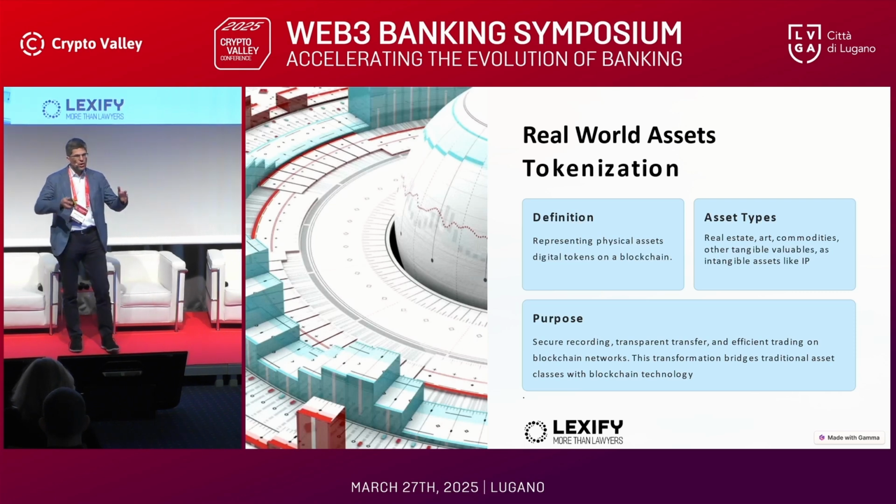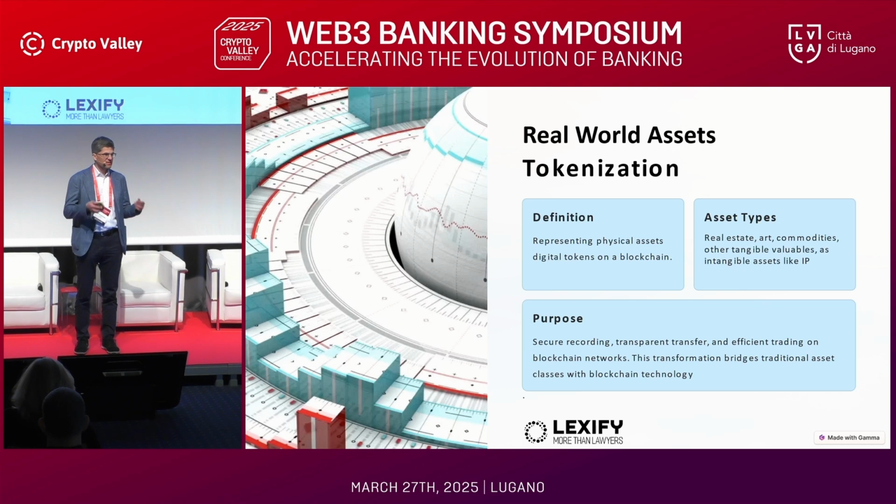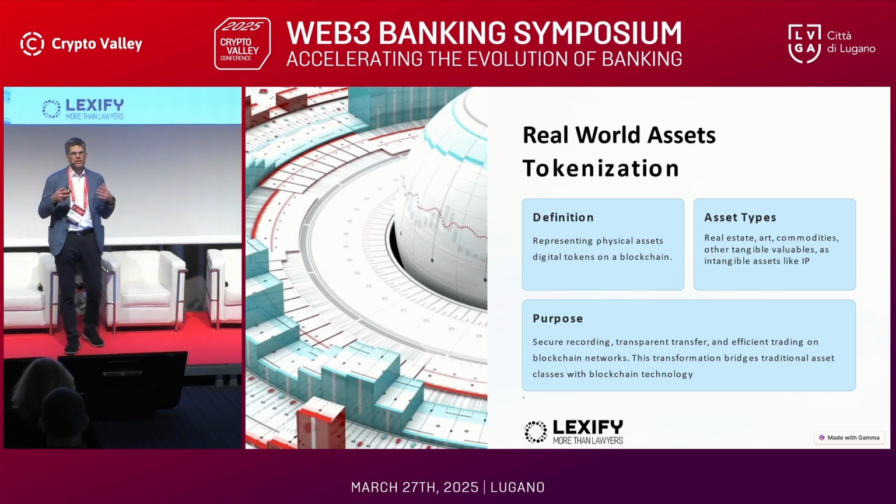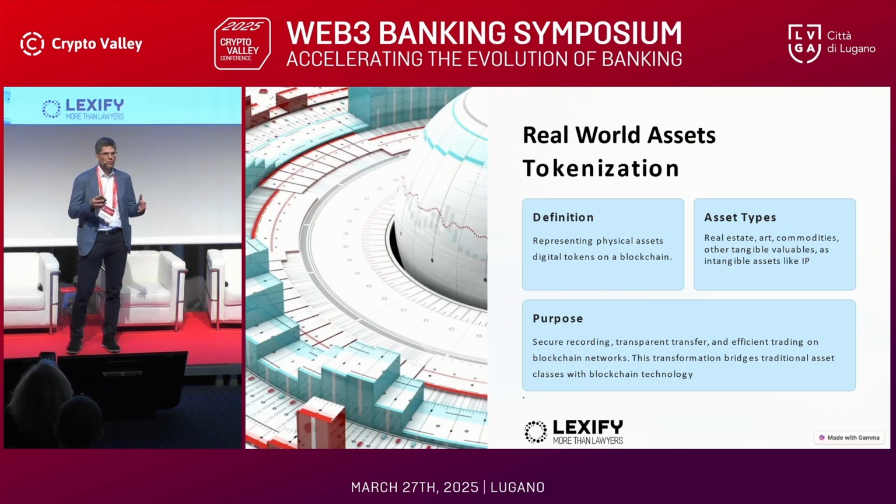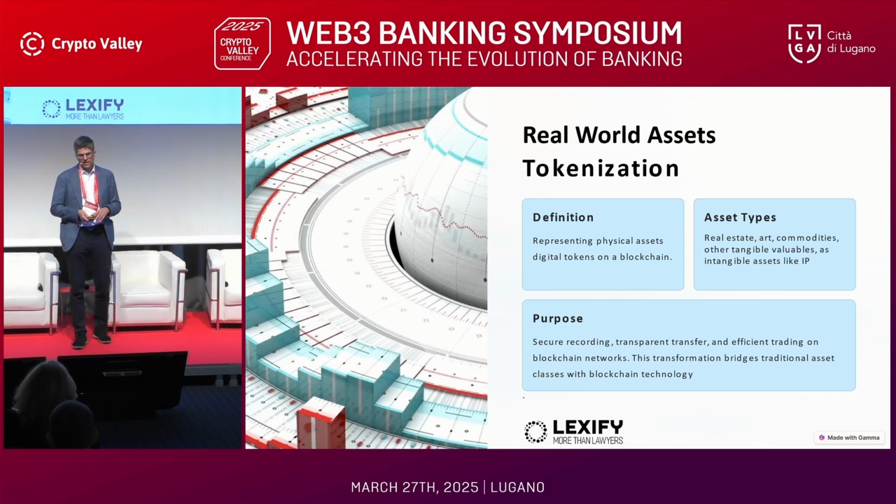That means we take some assets that exist, they could be tangible, but even intangible assets, and we tokenize them to create more market, more liquidity, to be able to unfreeze the power and the liquidity of assets that maybe are not so liquid. So the definition of a real-world asset tokenization is, you can read it, representing physical assets on a digital token on a blockchain.